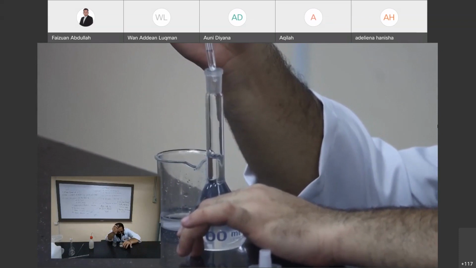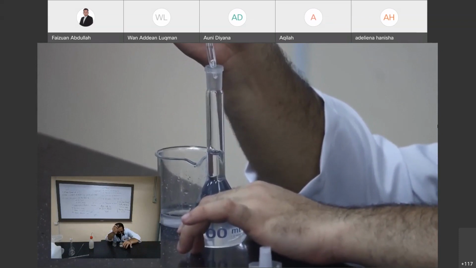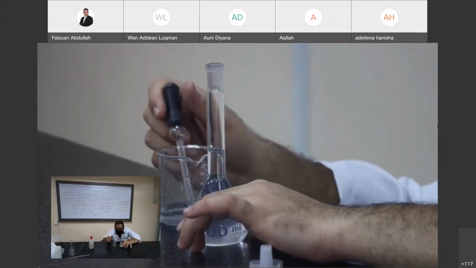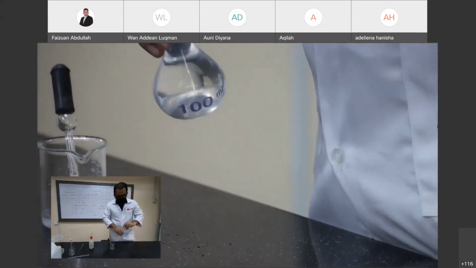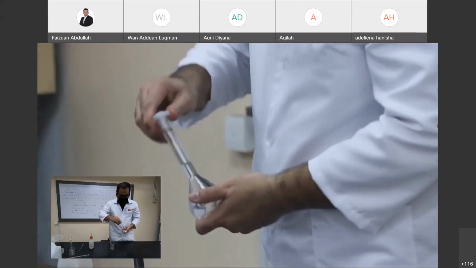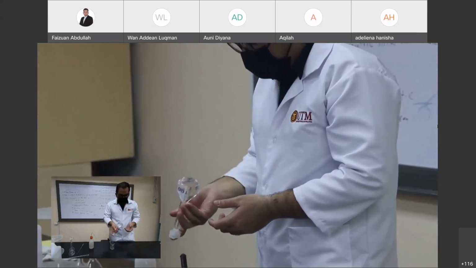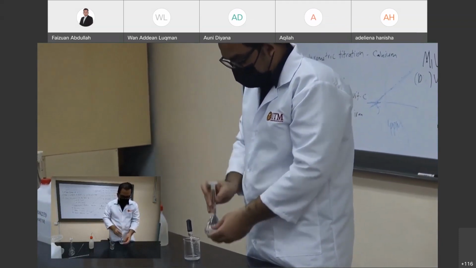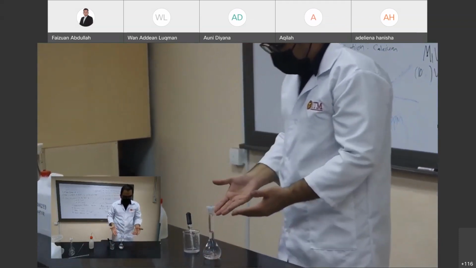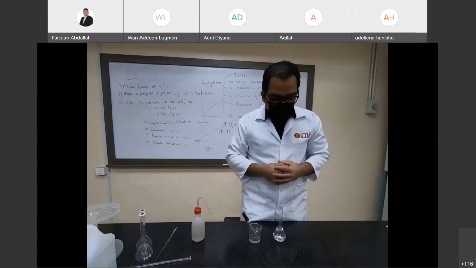Just a little bit, one more drop to go. Yeah, that's it. Fantastic. Now put on the cap and make sure that you mix the solution by flipping this up and down several times to make sure the homogeneity of the solution. Now you have the 1000 ppm stock solution.